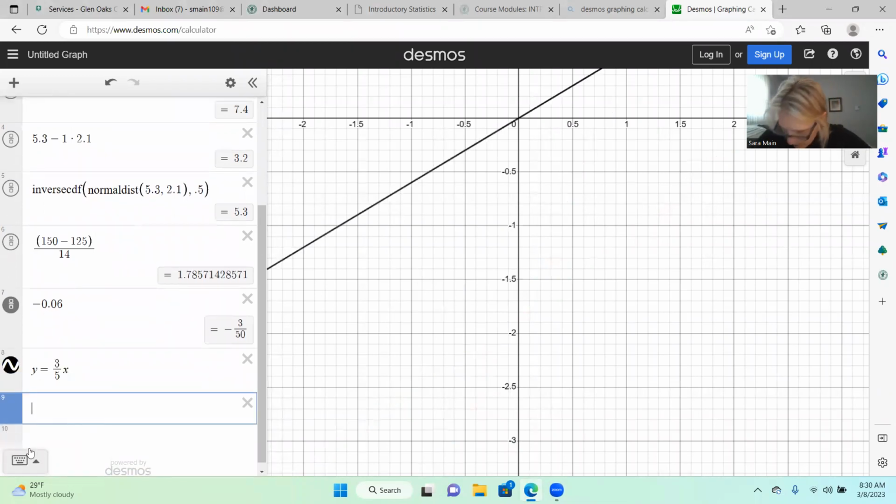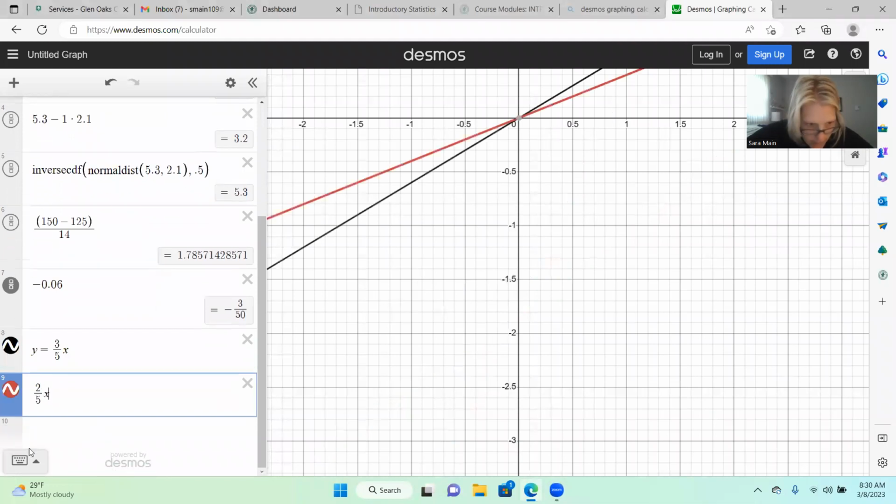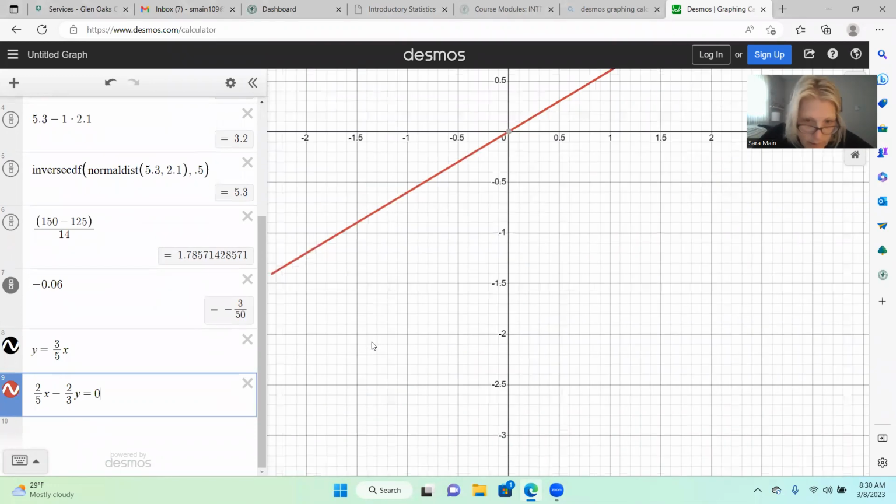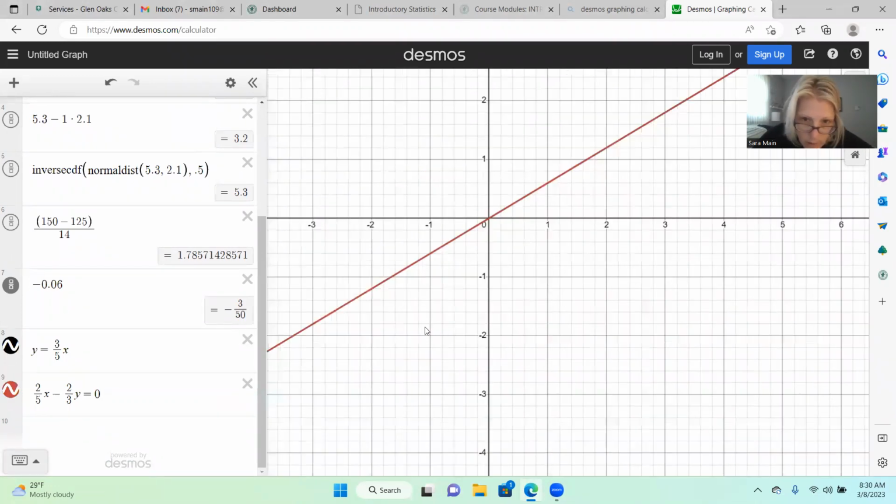And then the other one is 2/5 x minus 2/3 y equals 0. And you can see that they're overlaid. So I'm going to zoom out and turn off the red line, and it's the black line, because they're actually the same line. So that's how we know it's a dependent system with an infinite number of solutions.